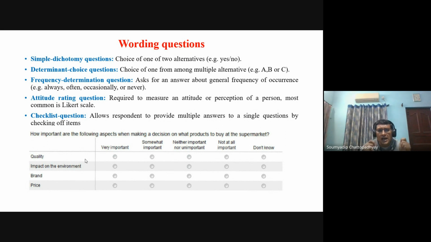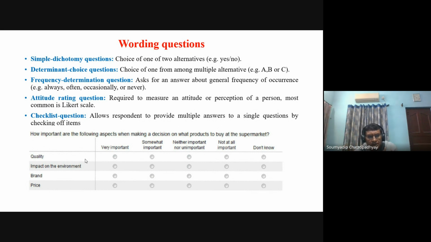Apart from that, there are certain questions which in many cases are known as checklist questions. It actually allows the respondents to provide multiple answers to a single question by checking off the items. This is a classic example. Suppose you are making a survey of the products which are available in the supermarket. When you decide on buying a particular product available in the supermarket, there are many aspects which you generally consider before buying it.